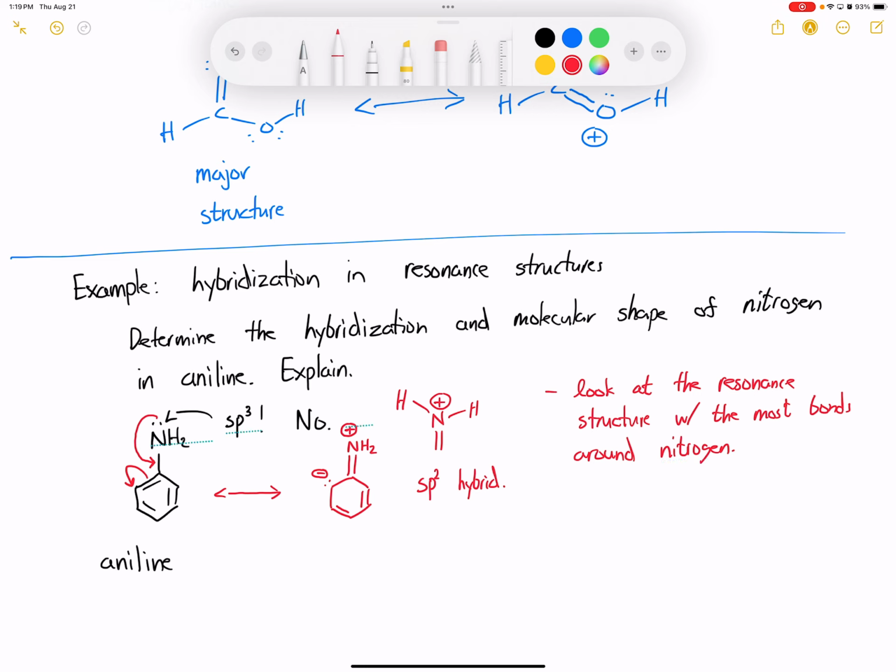So we understand that in the second structure, it has 3 electron groups around it, okay? And that's the structure where there are actually more bonds around nitrogen, right? Because in the left structure right there, nitrogen only has 3 bonds, right? So that's why we don't consider that structure. We have to consider number 2.